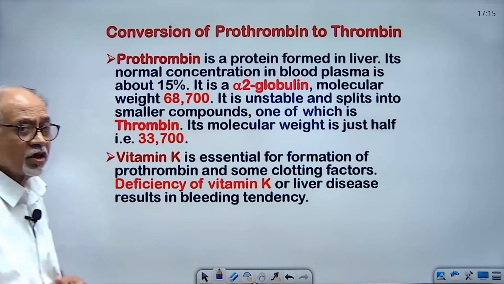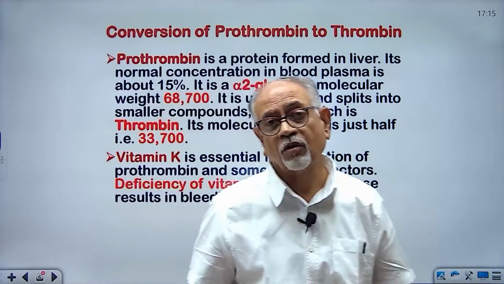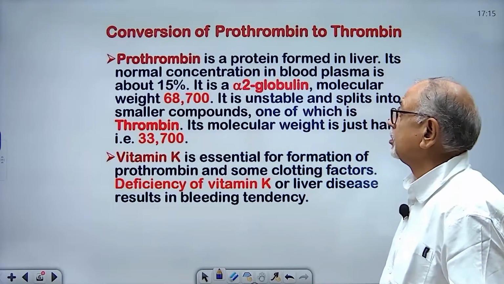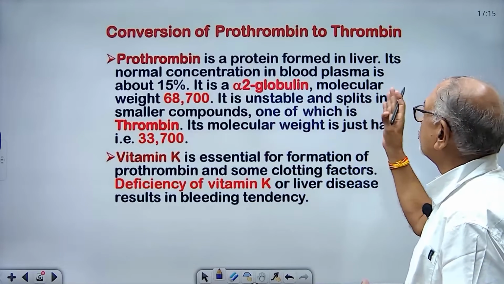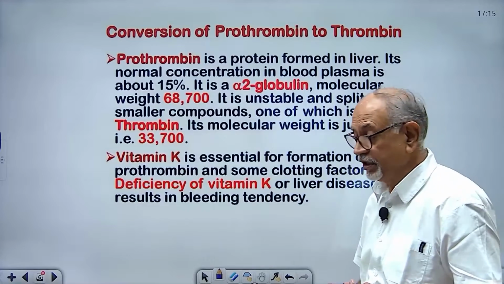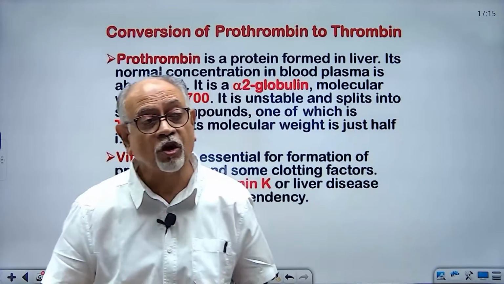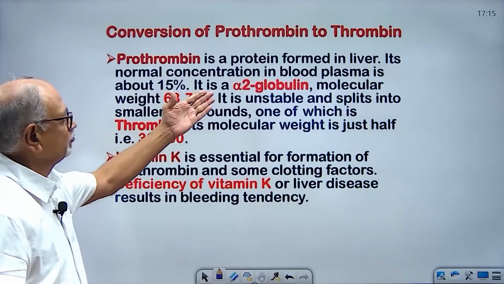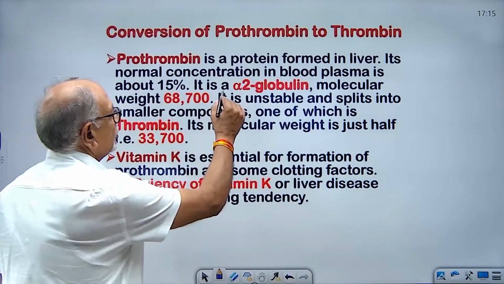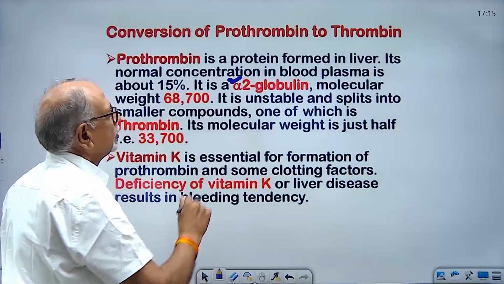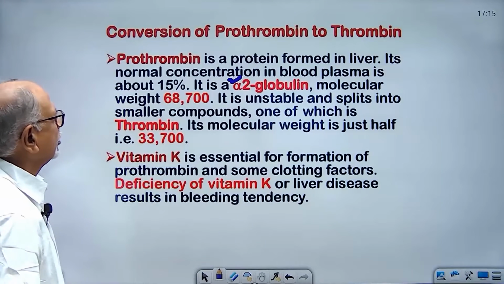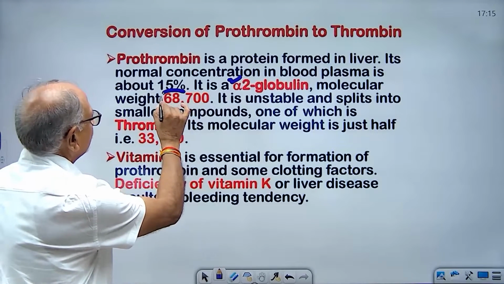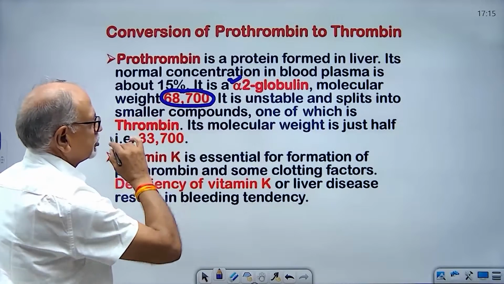Now, conversion of prothrombin to thrombin. Prothrombin is a protein formed in the liver. Its concentration in blood is about 15%. It is an alpha 2 globulin molecule with a molecular weight of 68,000.